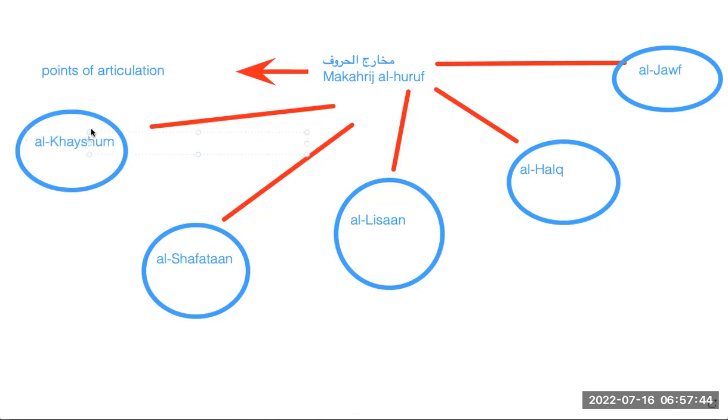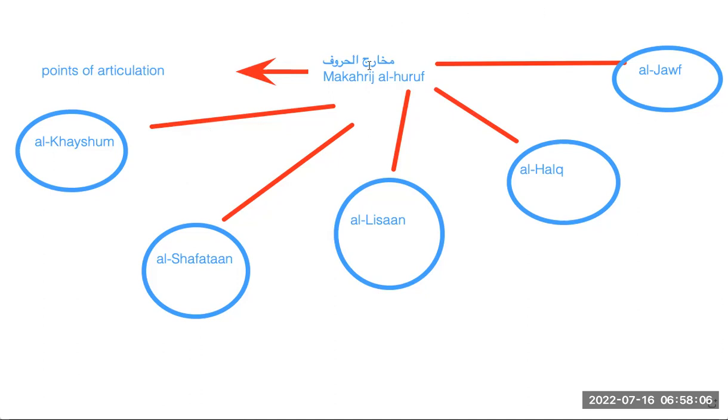Al-Khayshum. What is Al-Khayshum? The two nostrils, the nasal passage. These are makharij al-huruf, the points of articulation. The major points of articulation are 5.